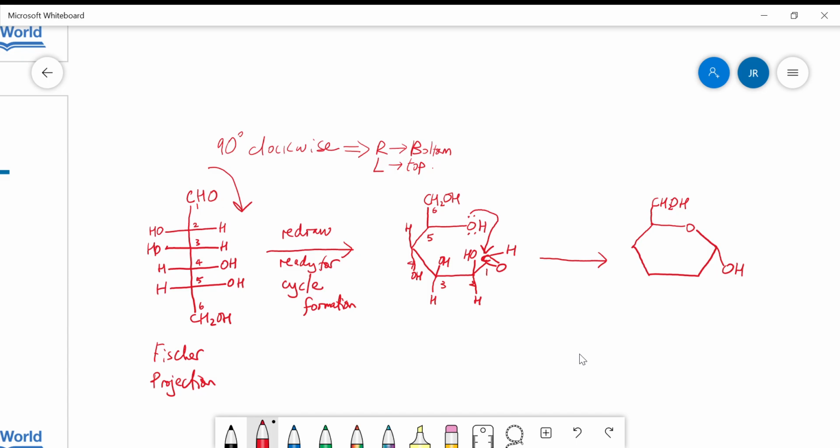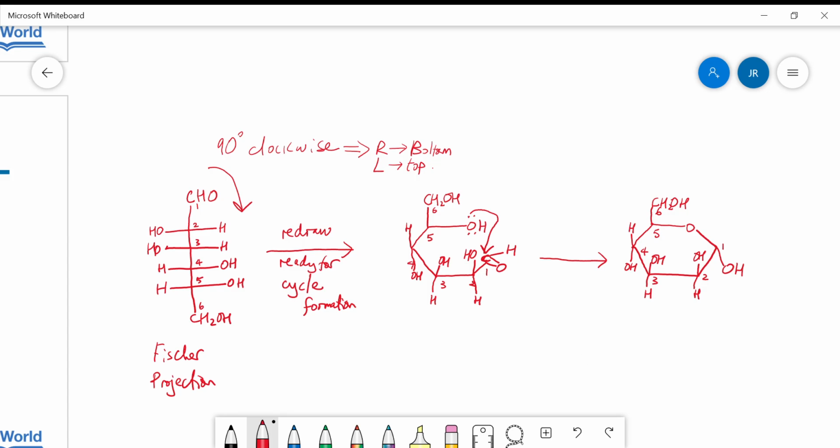So we'll say this is carbon 1, carbon 2, 3, 4, 5, 6 again. Let's put our OH up top, H down below, OH up top, H down below, our OH down below, and our H up top.